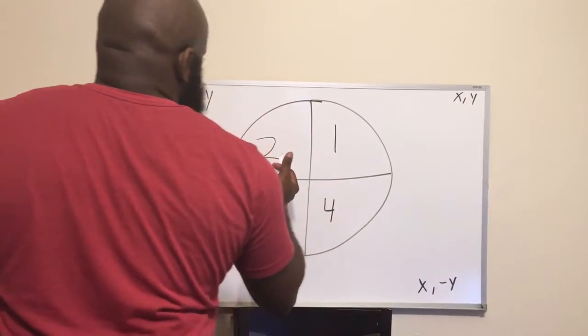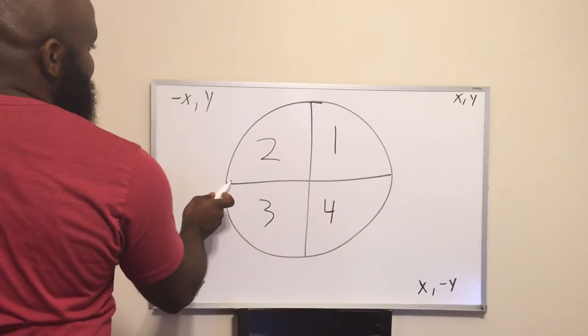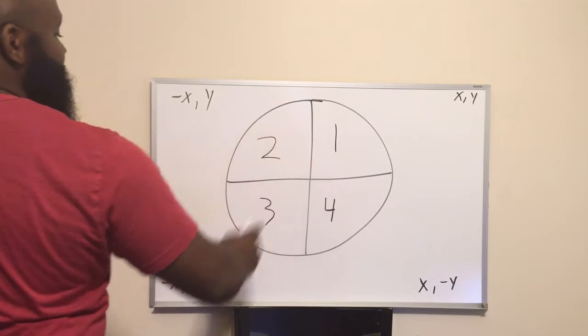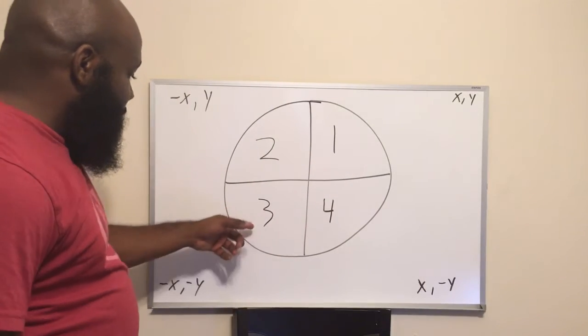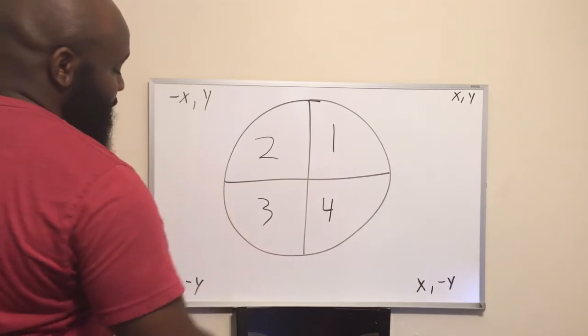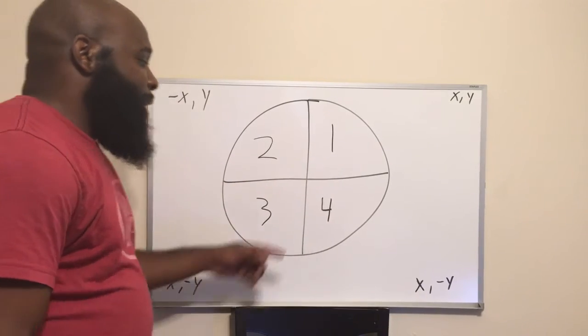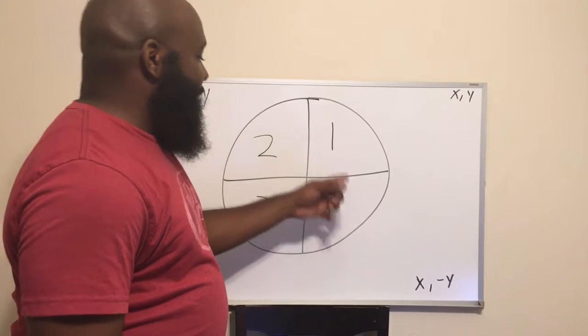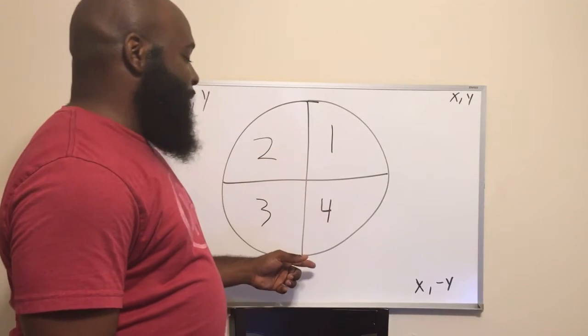In your second quadrant, your x is negative, but your y is positive. In the third quadrant, your x is negative and your y is negative as well. In the fourth quadrant, your x is positive, but your y is negative.